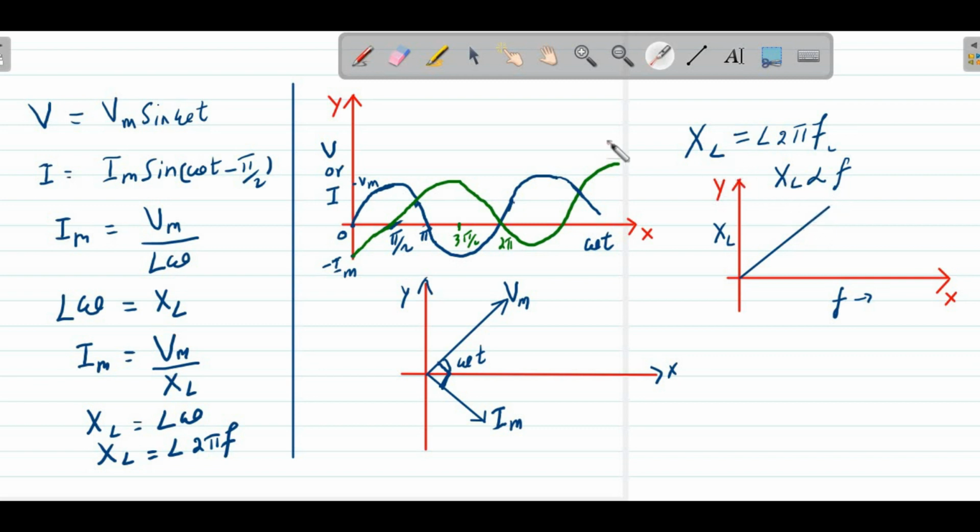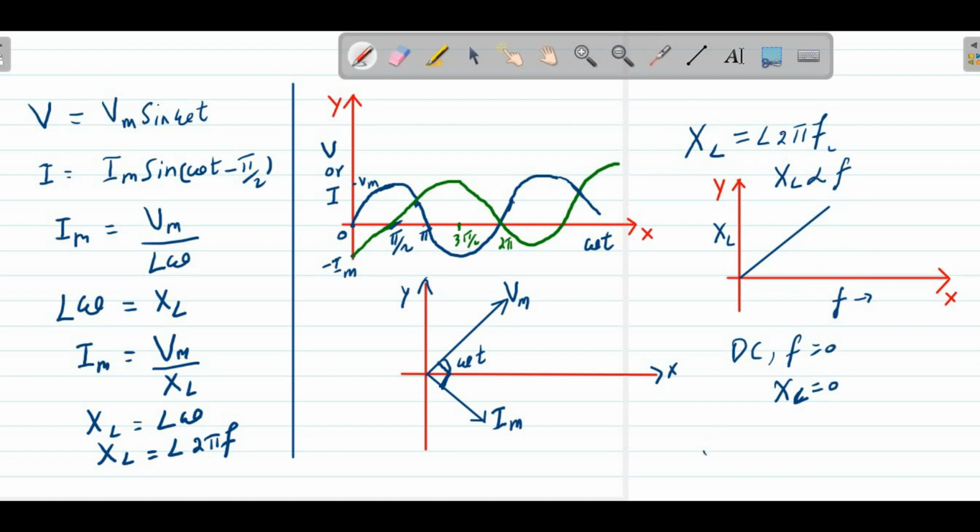And if you consider a DC in an inductor circuit, for DC there is no frequency. Frequency of DC is 0. So XL will be equal to 0. It means when an inductor is connected in a DC circuit, for example with a cell like this, there will be no effect at all.